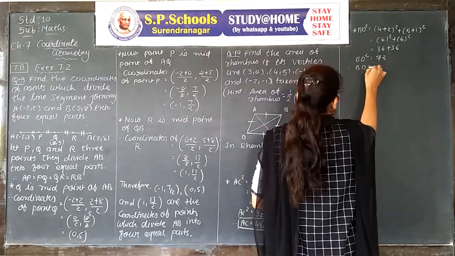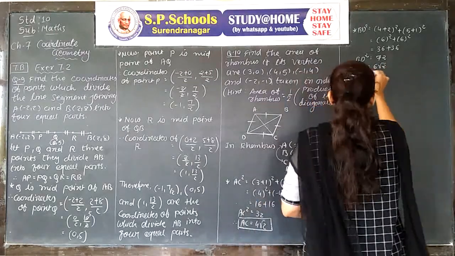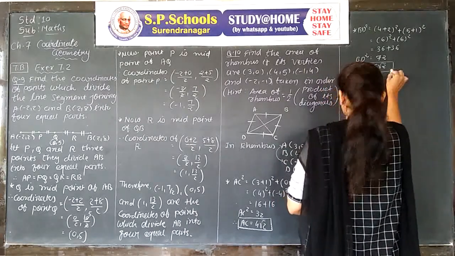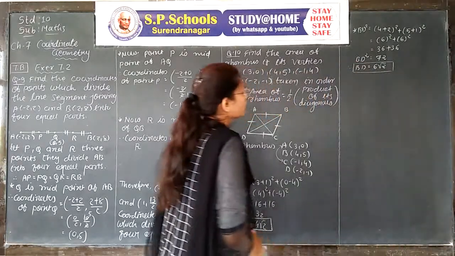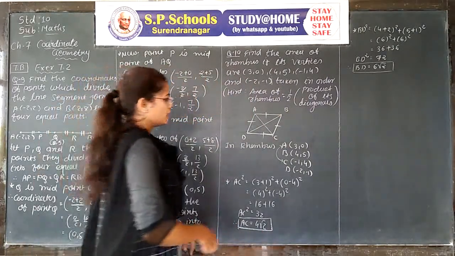That's why BD is equal to 6 root 2. AC and BD, two diagonals are obtained here.